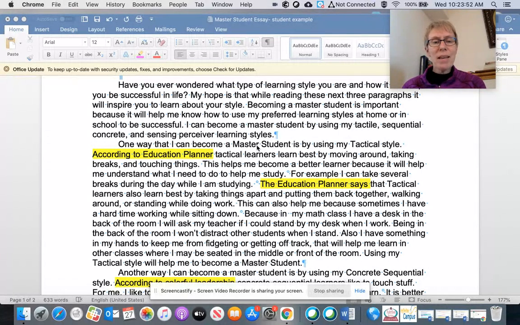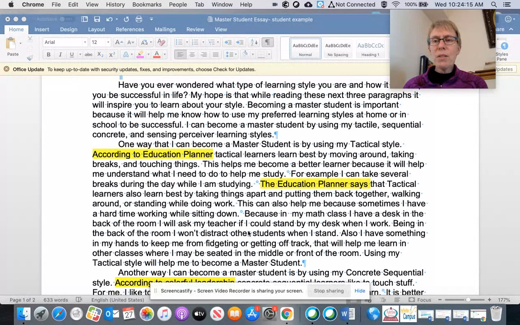For example, I can take several breaks during the day while I am studying. The Education Planner says that tactual learners also learn best by taking things apart and putting them back together, walking around, or standing while doing work. This can also help me because sometimes I have a hard time working while sitting down."